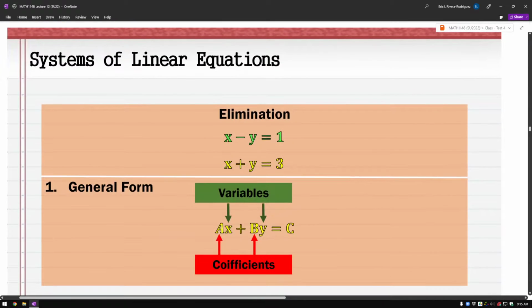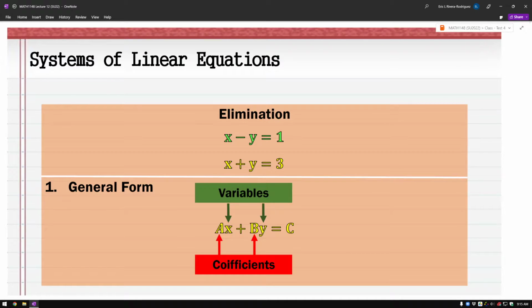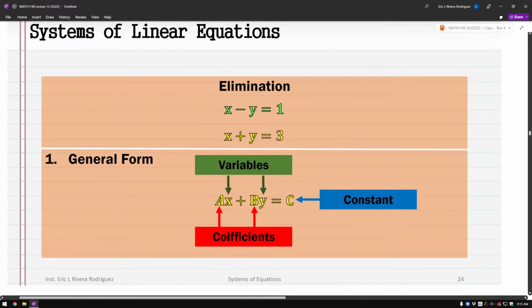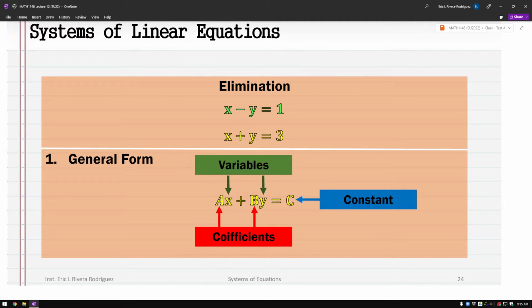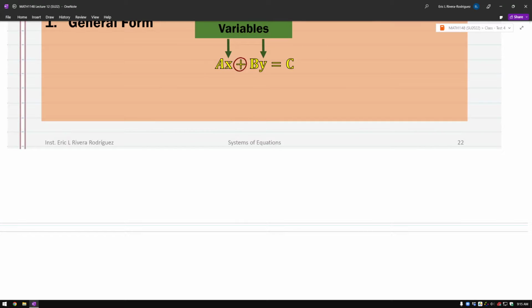We need to remember that we have coefficients, and we need to be able to identify them, and usually on the right side we will have just a constant value. So this is the general form. So we need to translate these two equations into general form.